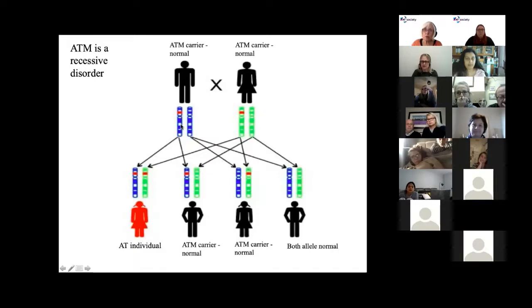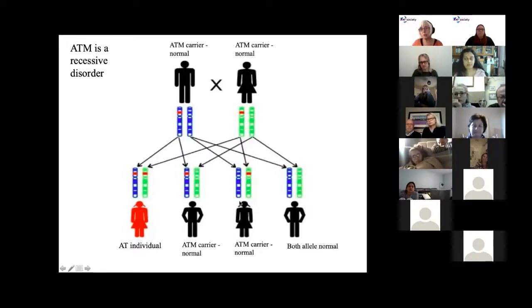So when those fuse, it's random. So you could have the bad copy and the bad copy giving you an affected individual, or a bad copy and a good copy, or 2 good copies making a normal individual.